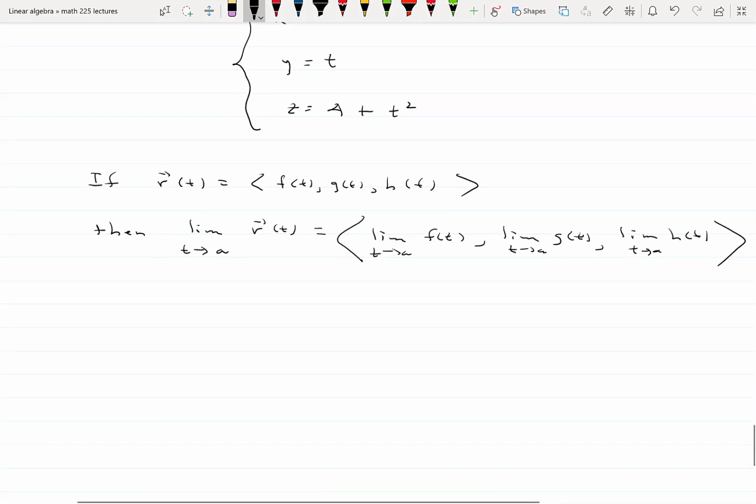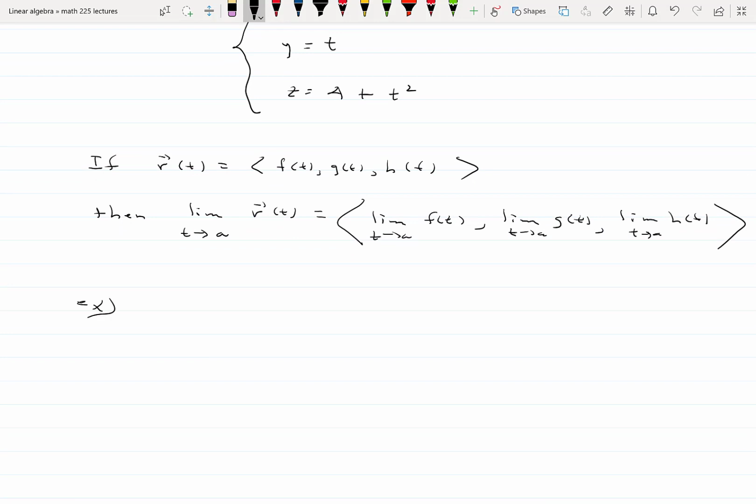For example, let's say the limit as t goes to infinity of e to the negative t i plus t minus 1 over t plus 1 j plus the inverse tangent of t k.